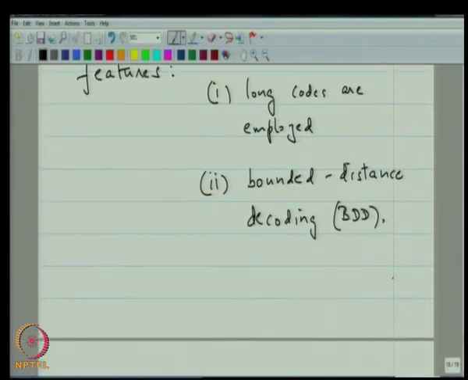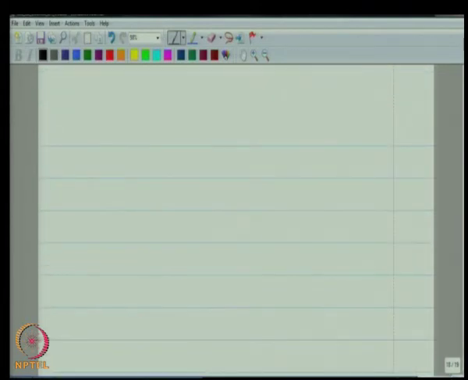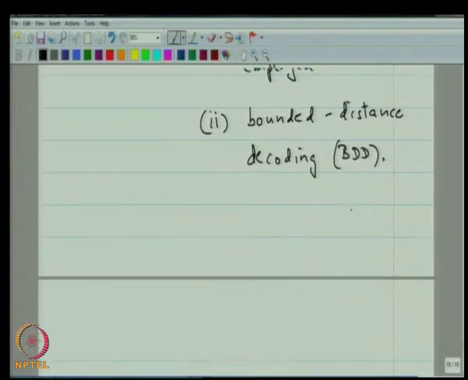So just to make the second point clear, let's put down a formal definition of this bounded distance decoding.